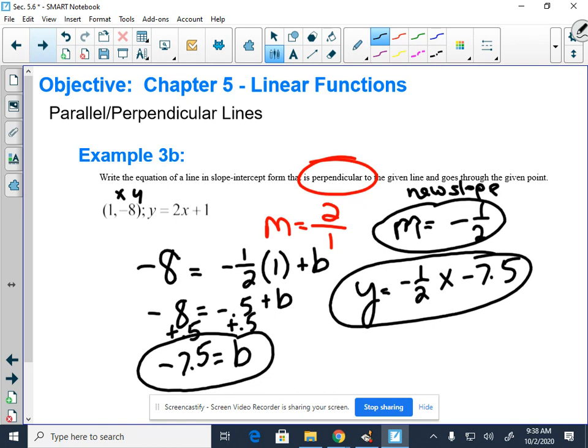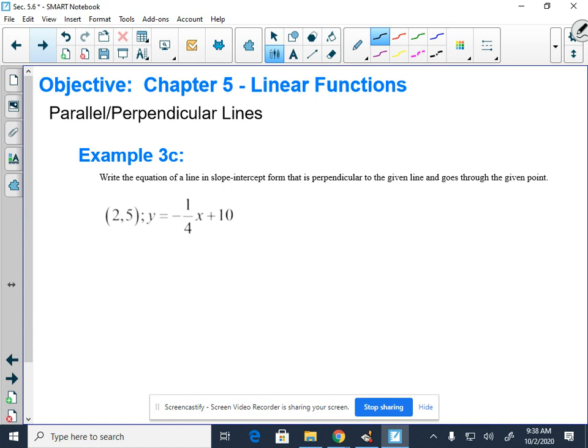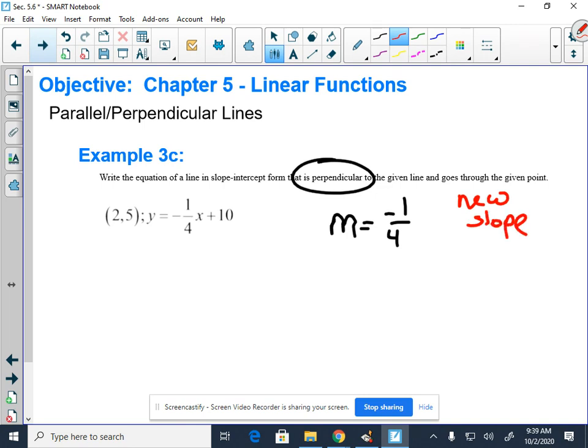One more. Perpendicular. This is the old slope, -1/4. Write down what you think is the new slope because it says the word perpendicular.